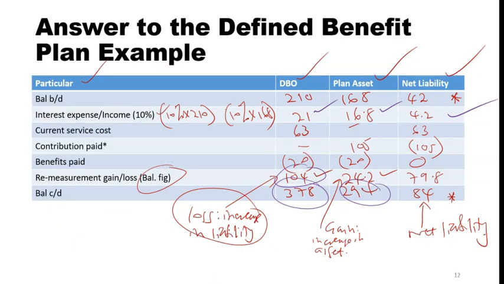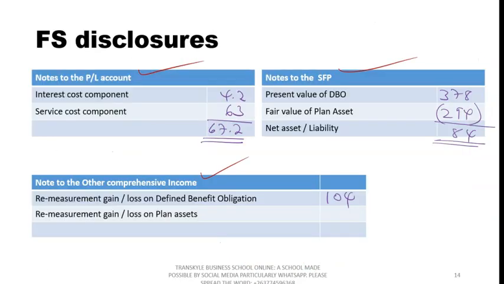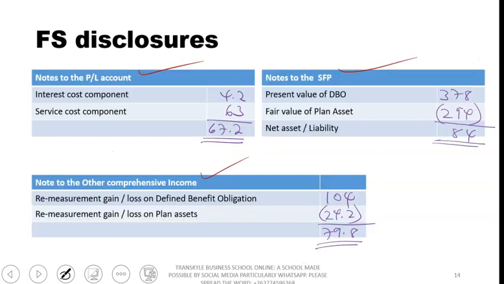It was 24.2. And we are going to have the resultant 79.8. So these are the disclosures, ladies and gentlemen, which are needed in terms of International Accounting Standard number 19.